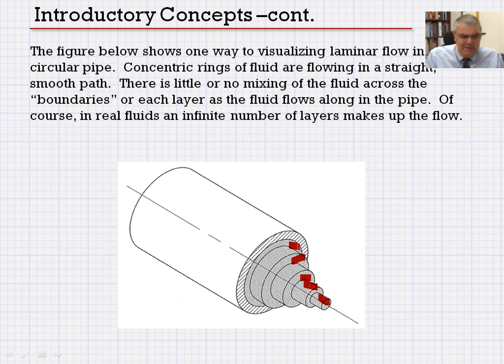But if you look at it this way, you're going to have concentric rings of fluid. We assume they're flowing in a straight, smooth path for each layer. There will be no mixing of the fluid across the boundaries, and that really provides us with a concept for laminar flow.